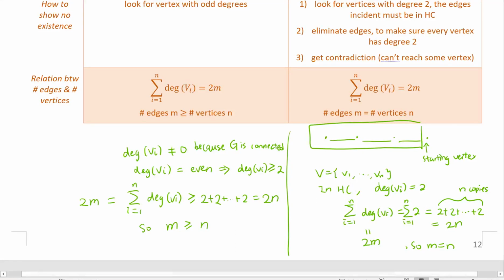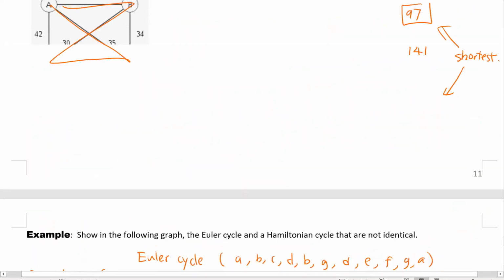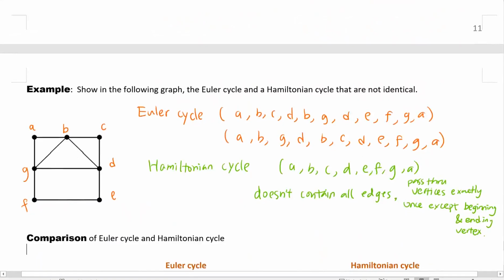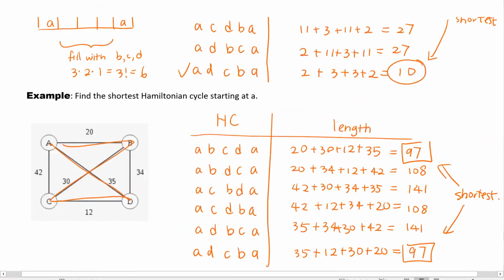Okay, so this is the comparison between Euler cycles and Hamiltonian cycles. I hope you have an idea. Also, it's good to keep this example in mind. In this example, we have a couple of Euler cycles, and we have only one Hamiltonian cycle.